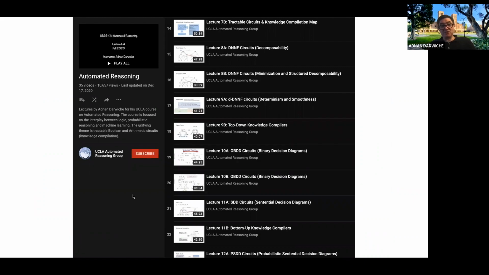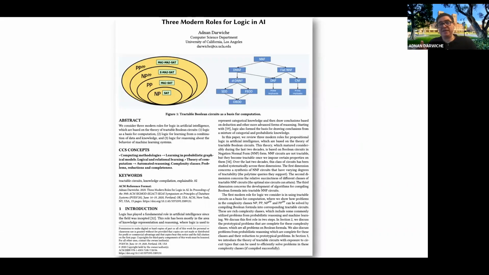There are 35 lectures in this course, and you can see dedicated lectures to each one of these circuit types for those people who might be interested in learning more about them. But I guess you get the idea that we're going to be seeking to compile into tractable circuits. There is not a single choice. There is a spectrum. Which one depends on what you want to do as far as analysis and so on. And this is the PODS paper I mentioned.